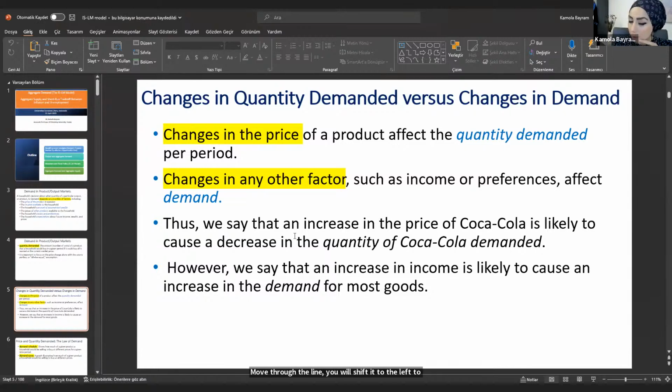Thus, we say that an increase in the price of Coca-Cola, for example, is likely to cause a decrease in the quantity of Coca-Cola demanded. So if I increase the price of something you are consuming, you will consume it less, right?